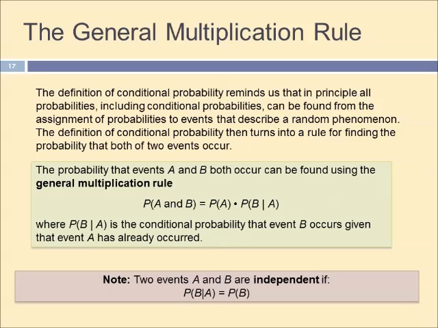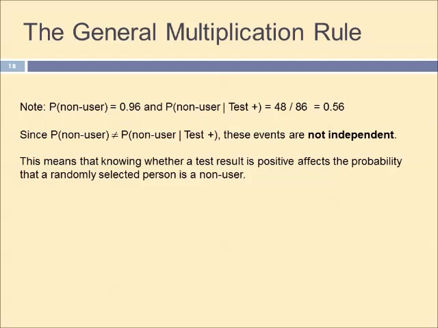Note, the two events A and B are independent if the probability of B given A equals the probability of B. That is to say, the probability of A doesn't affect the outcome of the probability of B when A and B are independent. So in our example, the probability someone is a non-user is 96%, 0.96.